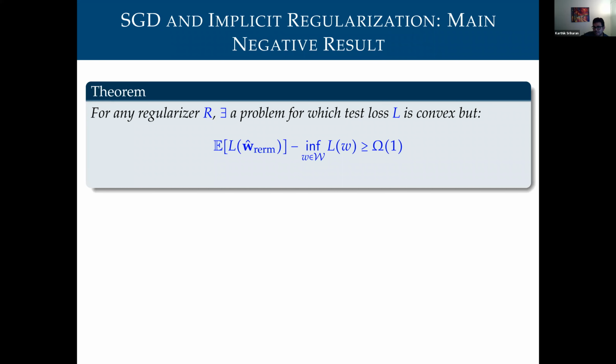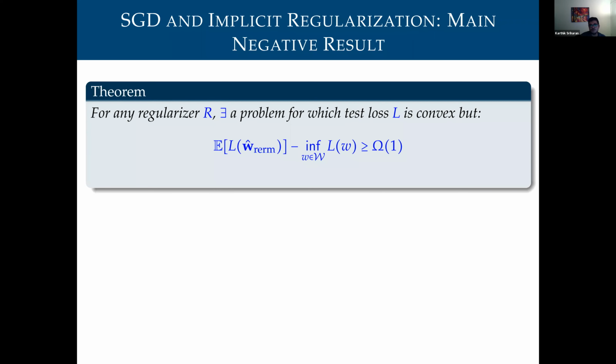Because the problem is convex, we know that SGD will work. SGD will give you a solution whose suboptimality is like 1 over root n. However, no regularized ERM solution can get you anything better than a constant away from the optimal solution.